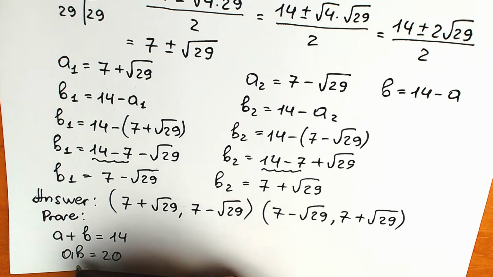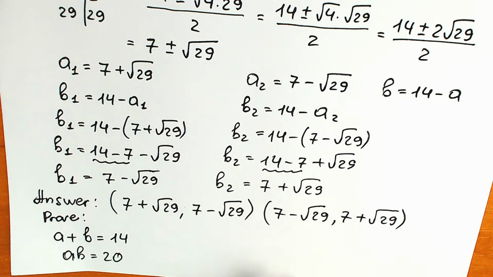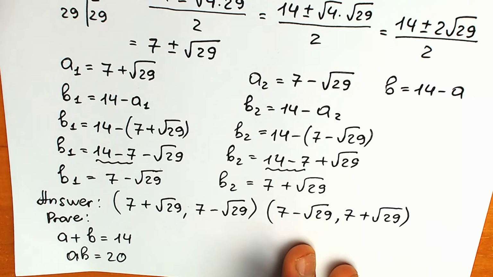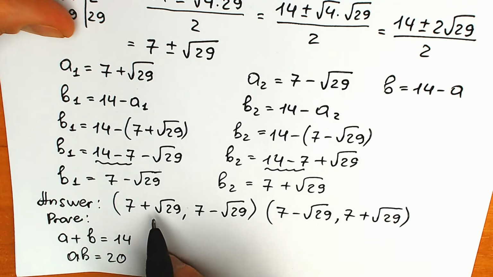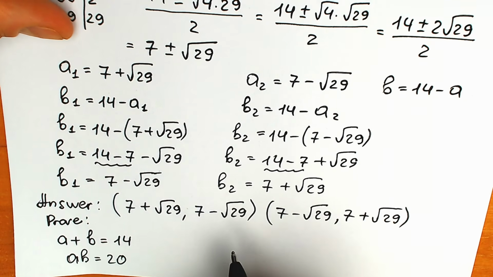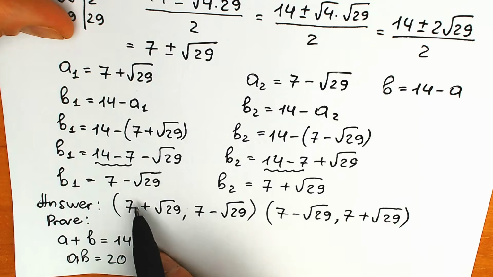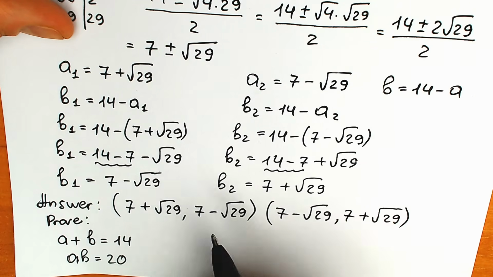And right now one really interesting trick, because we have addition and multiplication, we don't need to check both of these parentheses. We need to check only, for example, this one, because a plus b equal to b plus a. It doesn't matter which we add to which, we have absolutely the same thing because we have symmetrical pairs, symmetrical answers, and the same coefficients.